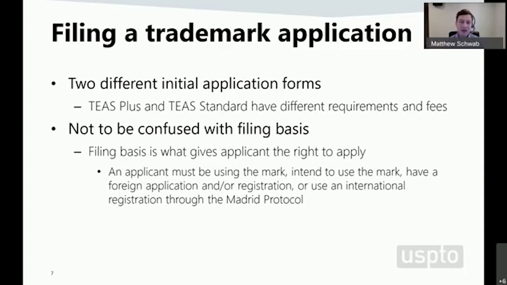That is not a common option taken by many independent inventors, and so we're not really going to discuss that deeply. It's in some ways a parallel system to the system through TEAS. It goes through a system called TEAS-I, and there's not much that carries over between the two. However, again, the vast majority of US-based or even foreign-based inventors are going to be applying through TEAS using one of the other bases.